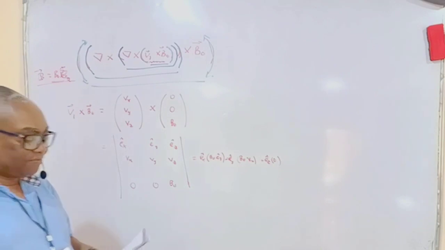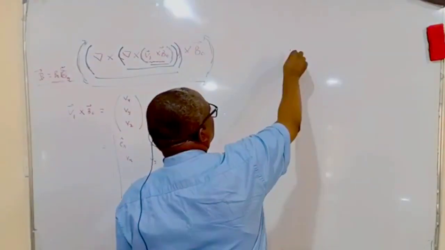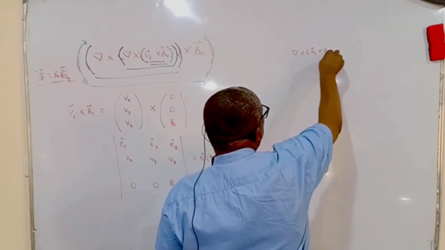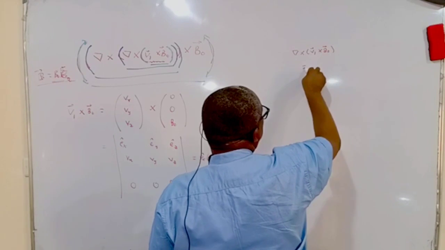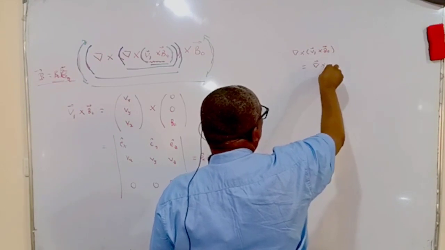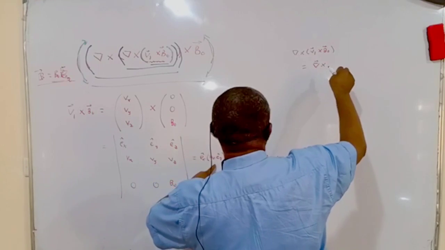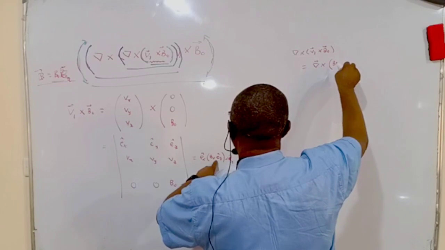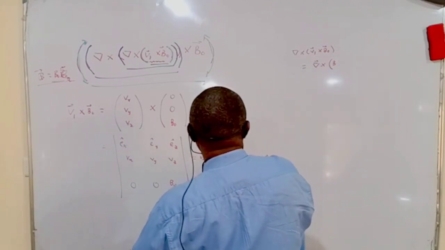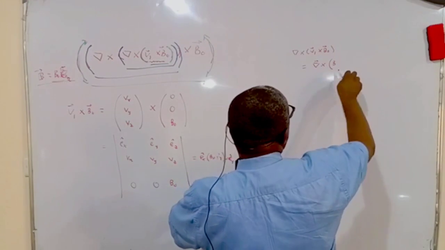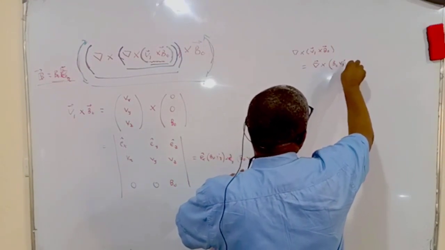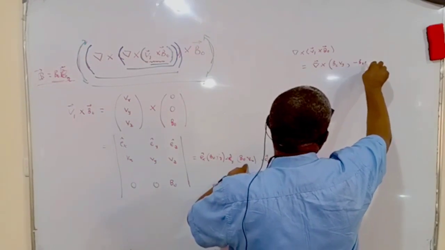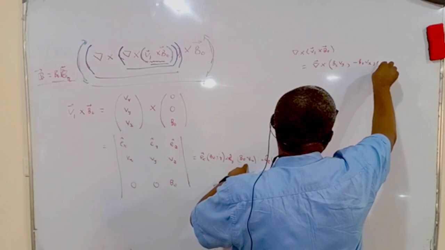So you're going to have the curl of V cross B0 will give you the curl of the result we have, which is the curl of B0 Vy, sorry, of Vy, not E, V of Y, minus B0 V of X and 0.